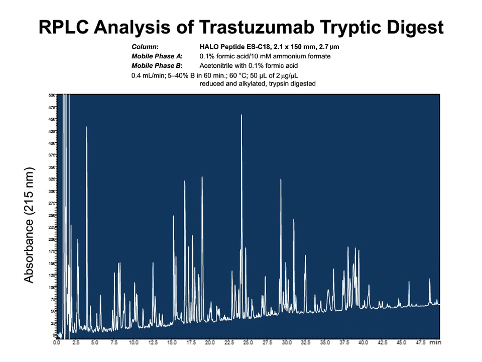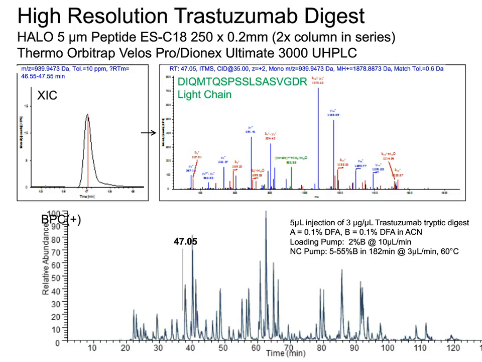And you can see that there's excellent resolution at reasonable separation conditions, in this case less than an hour, and very considerable peak capacity to separate the tryptic fragments. We can also couple such separations to high-resolution mass spectrometry.